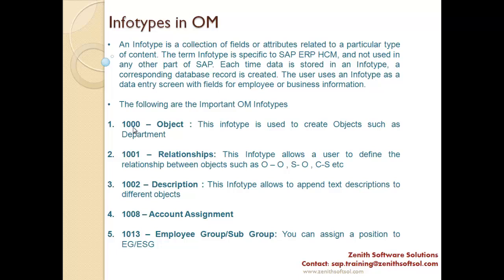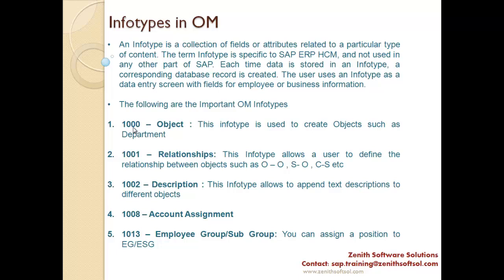If you want to give some text or describe the org unit, like this org unit is the top org unit, or some specific information about the org unit or any object type, this info type 1002 description can be used for that purpose because it is used to append text descriptions to different objects.